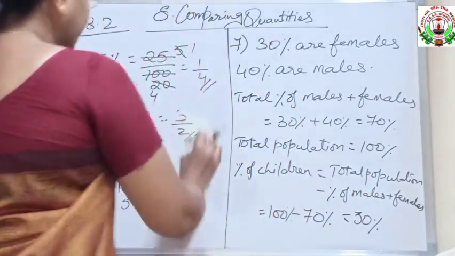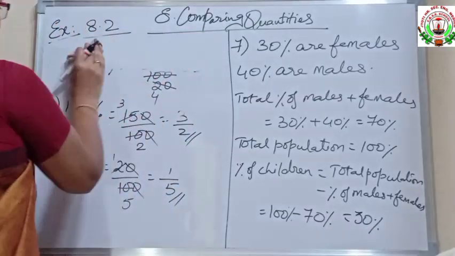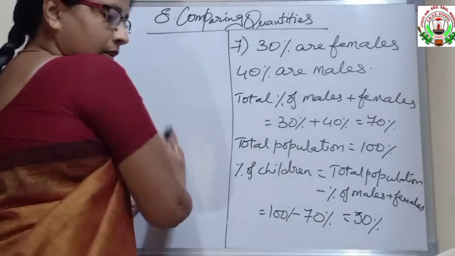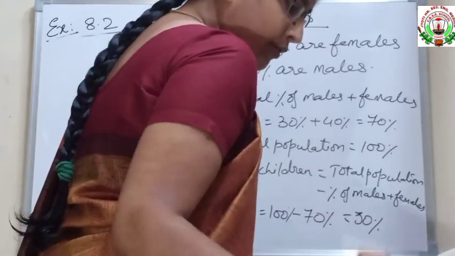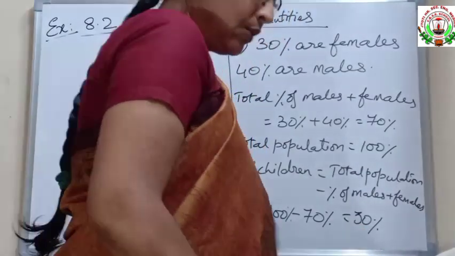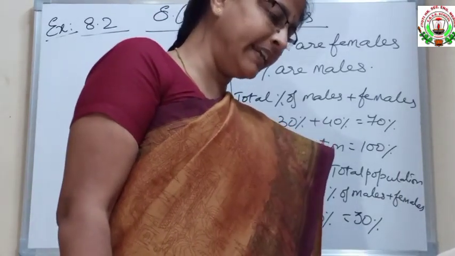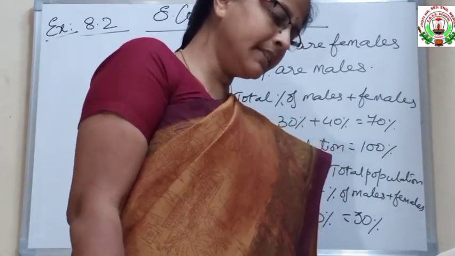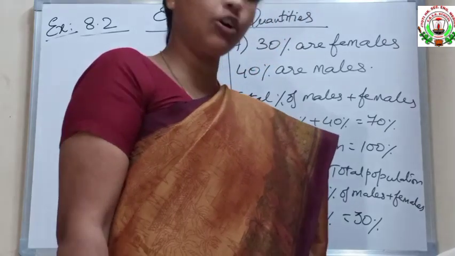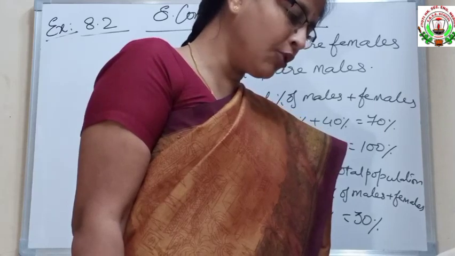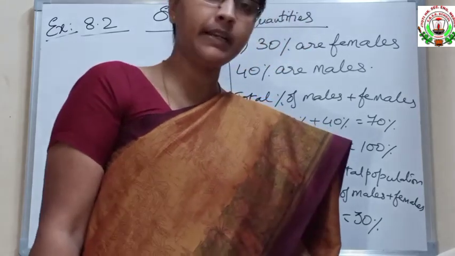Now your 8th one. Out of 15,000 voters in a constituency, 60% voted. Find the percentage of voters who did not vote. Can you now find how many actually did not vote?